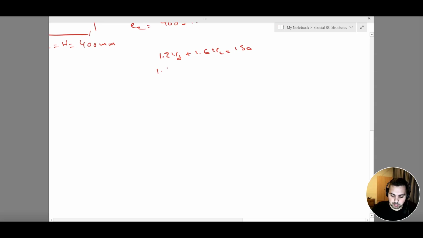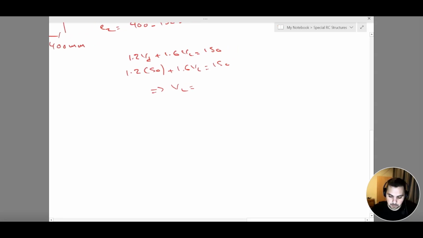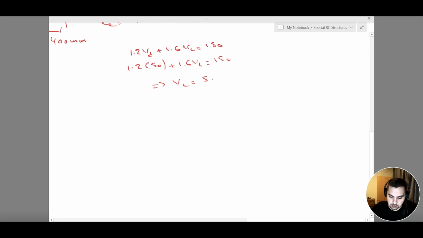Now let's assume VD to be 50, plus 1.6 VL equals 150. So this way my VL is going to be 56.